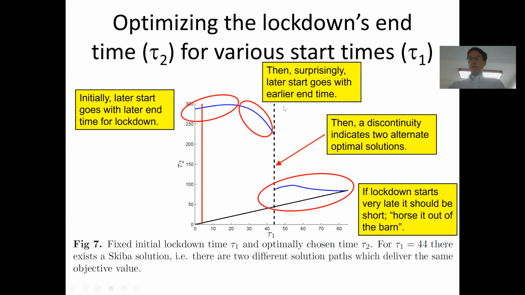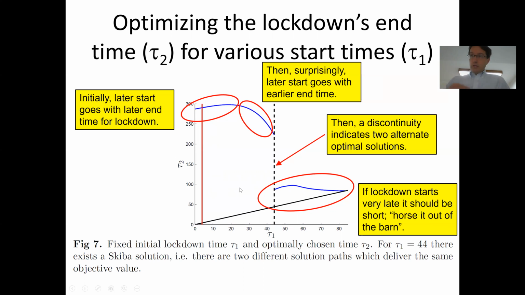And then even more surprising, at this vertical dashed line, there's a discontinuous jump in the blue line indicating that there are two alternative optimal solutions. Here, ending at around day 210, and down here ending at day 90 after only about a month and a half of lockdown.